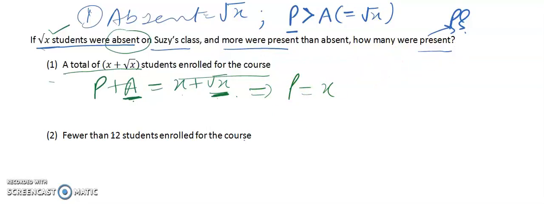We can't find out the unique value of X. So we'll have to move to statement 2.